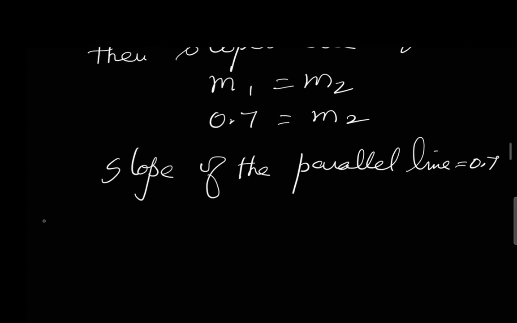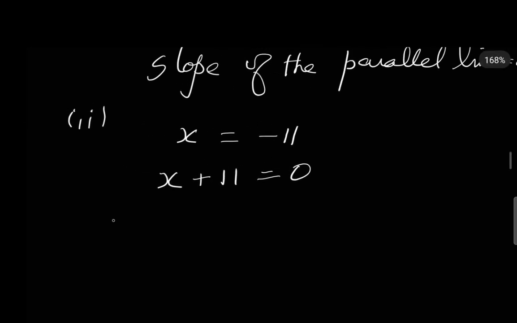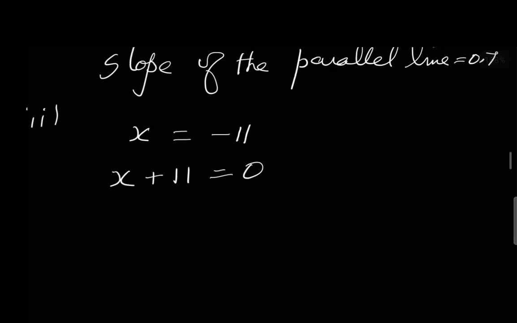See the second question. You have to find the slope of the perpendicular line. The line is given as x is equal to minus 11. So bring this into the standard form: when the minus 11 comes to the left side, it becomes x plus 11 is equal to 0. So find the slope.